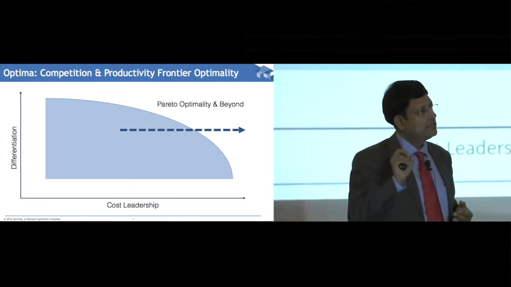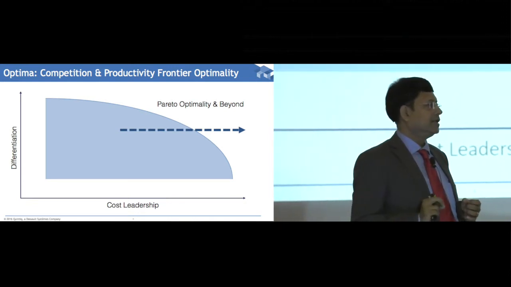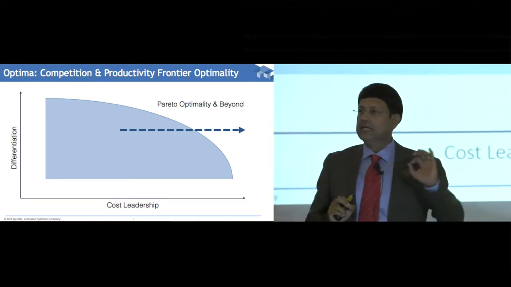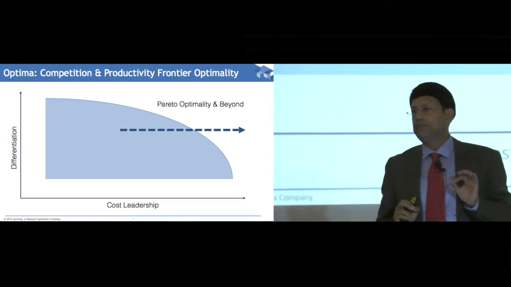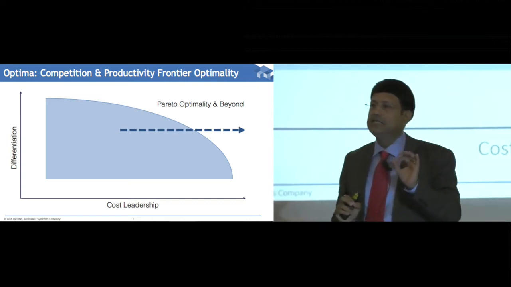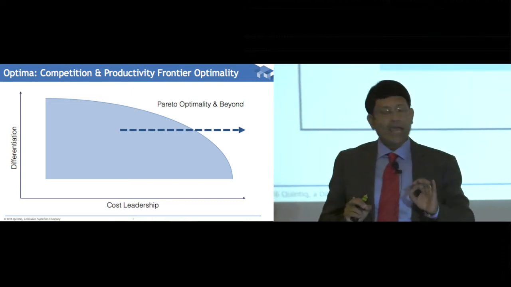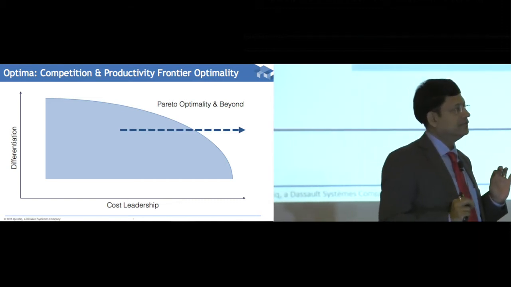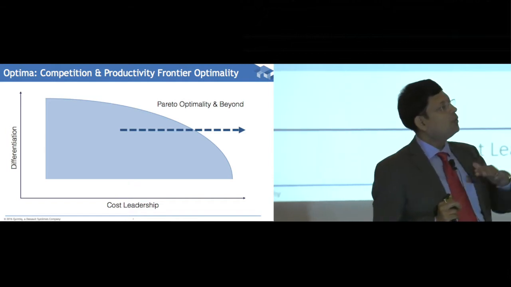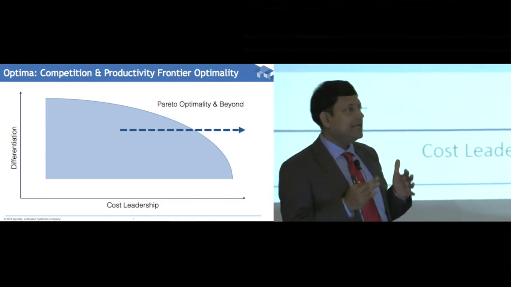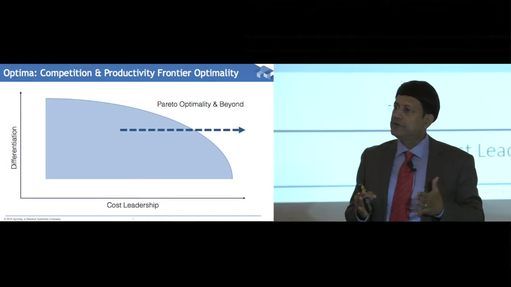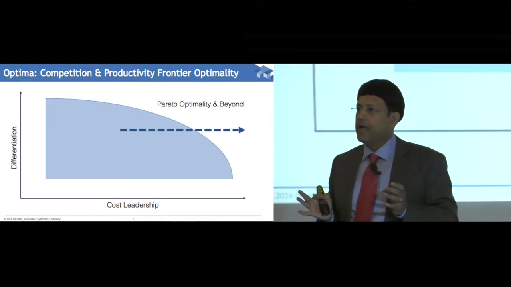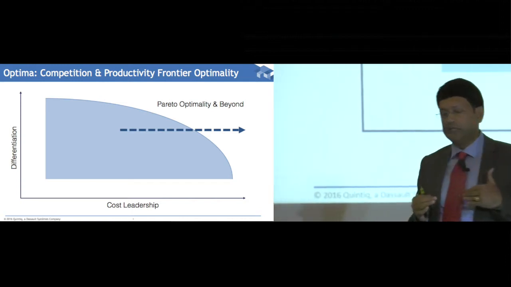If you consider any of the points on that frontier, it is a unique point where the differentiation that you achieve will be the best in terms of the cost leadership that you have. Any other point which is not on that productivity frontier will have a situation which is not optimal. So that's how you get to the situation in a business case where you have two different objective functions which you're trying to optimize, and you do that through the productivity frontier.